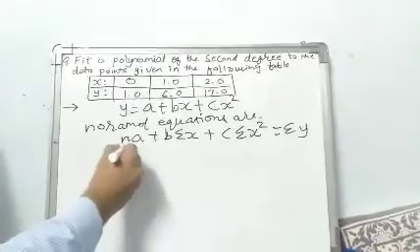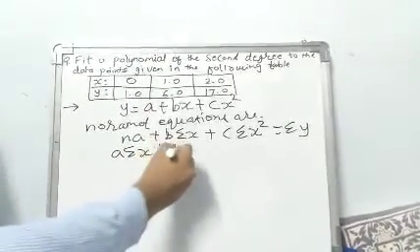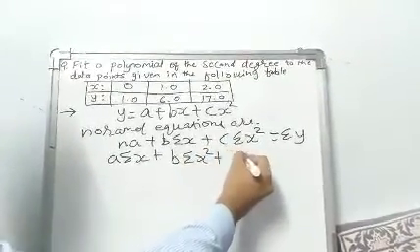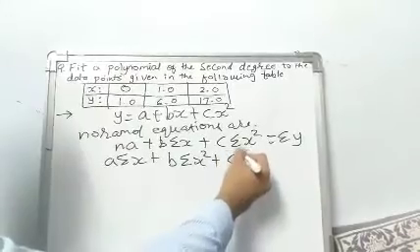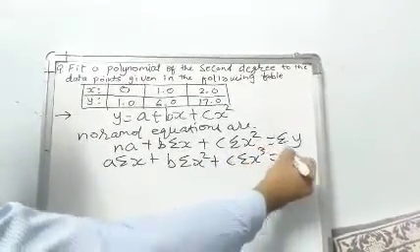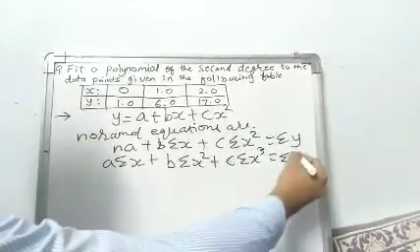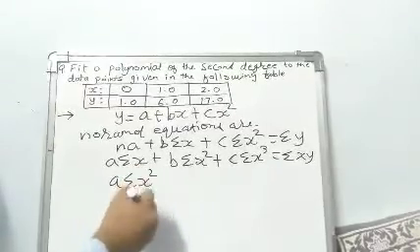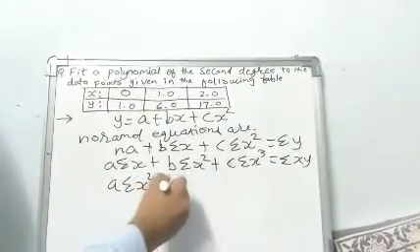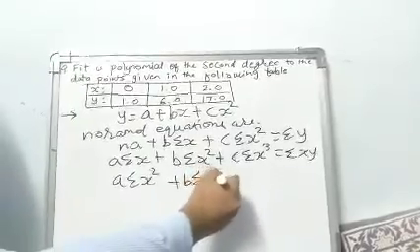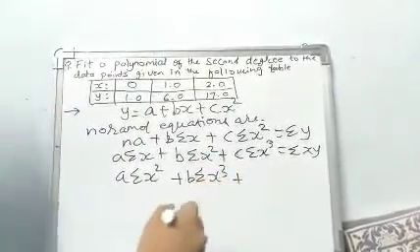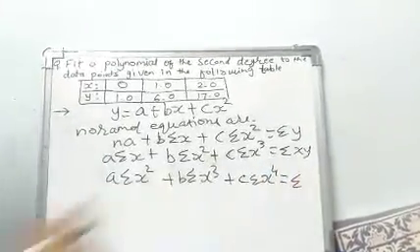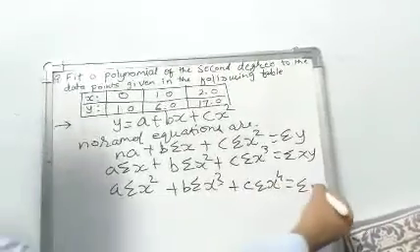Then a summation of x plus b summation of x square plus c summation of x cube is equal to summation of xy, and then a summation of x square plus b summation of x cube plus c summation of x raised to 4 equals summation of x square y.